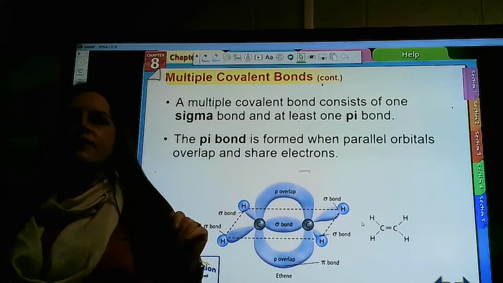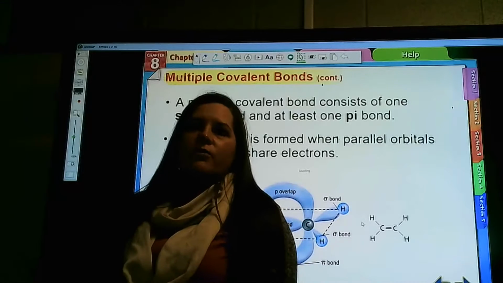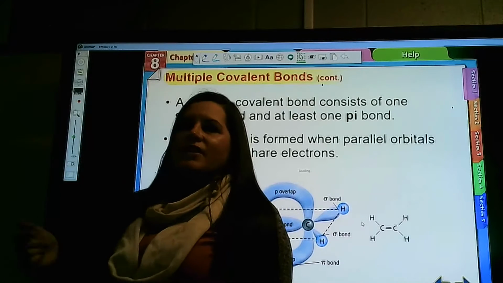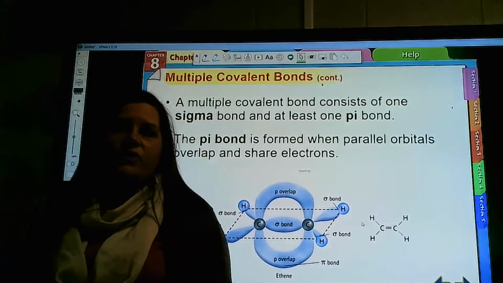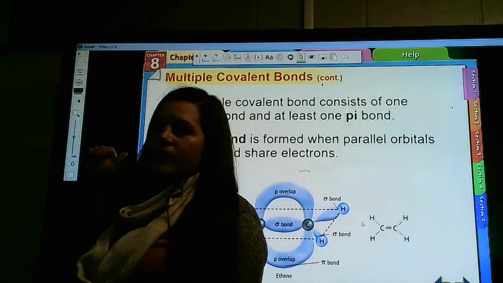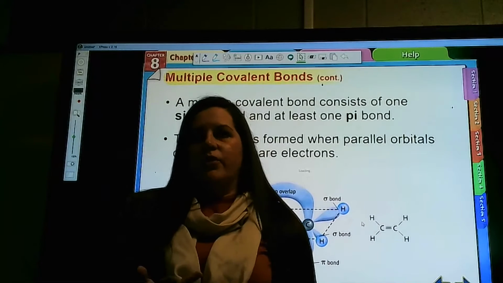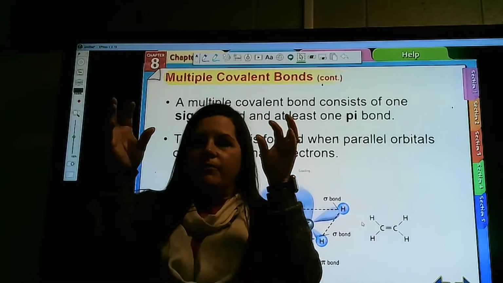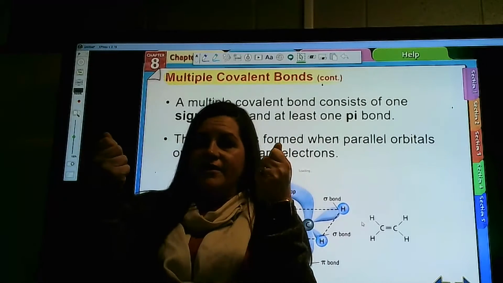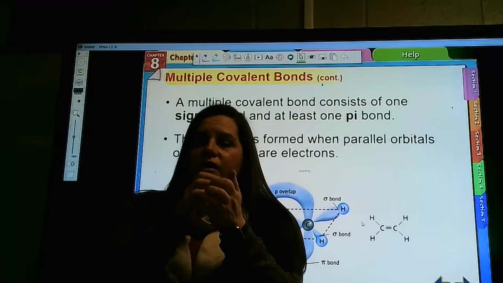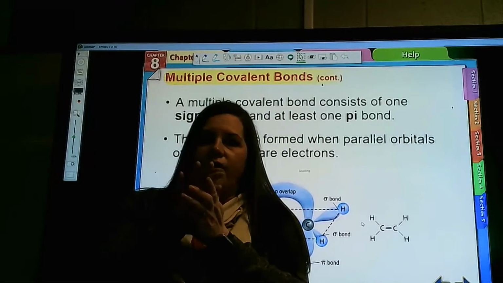And 2, how would that relate to how strong the bonds are between them? I'm using the word predict, which means I haven't taught you yet, but based on what we've talked about, for single, double, or triple, which bond type has the atoms closest together, meaning the shortest bond length? And 2, which one is the strongest? Ready and go.